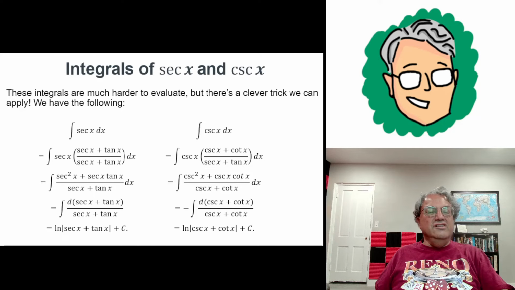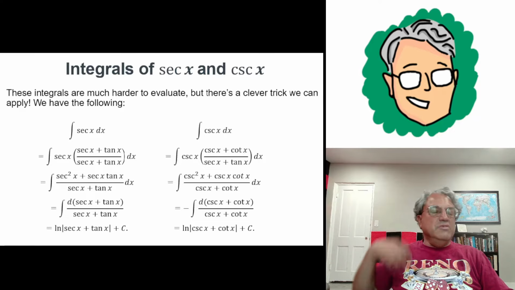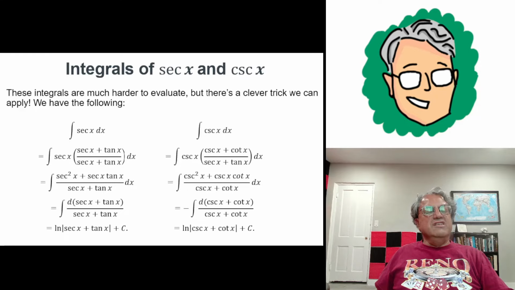And you can integrate cosecant basically the same way. This is the cofunction of secant. I don't know if I'm going to go through all the steps. Oh, I forgot a minus sign here. Yeah, this one does have a minus sign. There should be a minus sign on the last two lines on the right.